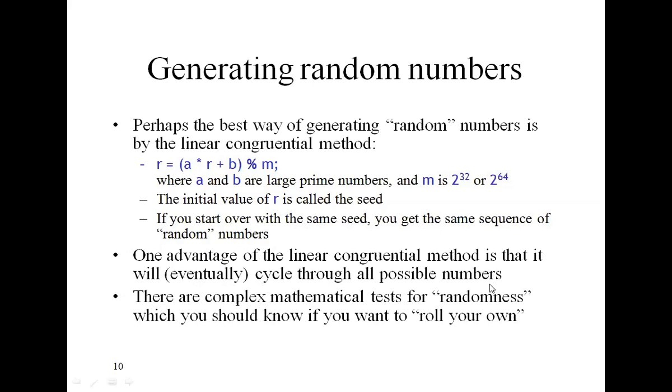That means once it has selected all the possible numbers, it will select the same numbers again. There are complex mathematical tests for randomness, which you should know if you want to roll your own. So you can also develop your own random number generation.